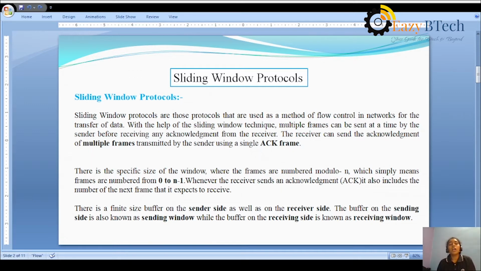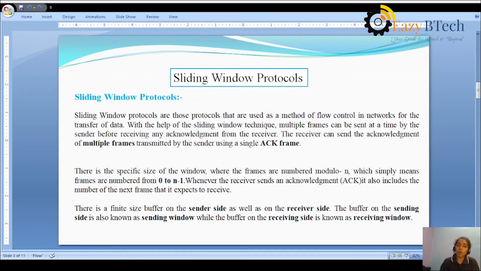Here we maintain one type of window, that is the sliding window, and the size of the window is n, and the frames in that window are n minus 1. On the sender side we call that window the sending window, and on the receiver side we call it the receiving window.